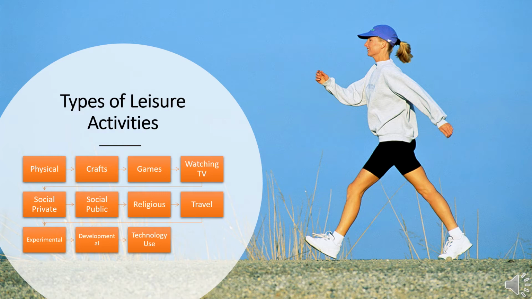Social public are attending a club meeting or volunteering. Religious activity like going to church or praying. Traveling. Experimental such as collecting stamps, gardening, or knitting. Developmental activity are studying a foreign language or attending public lecture. The last one is technology use.